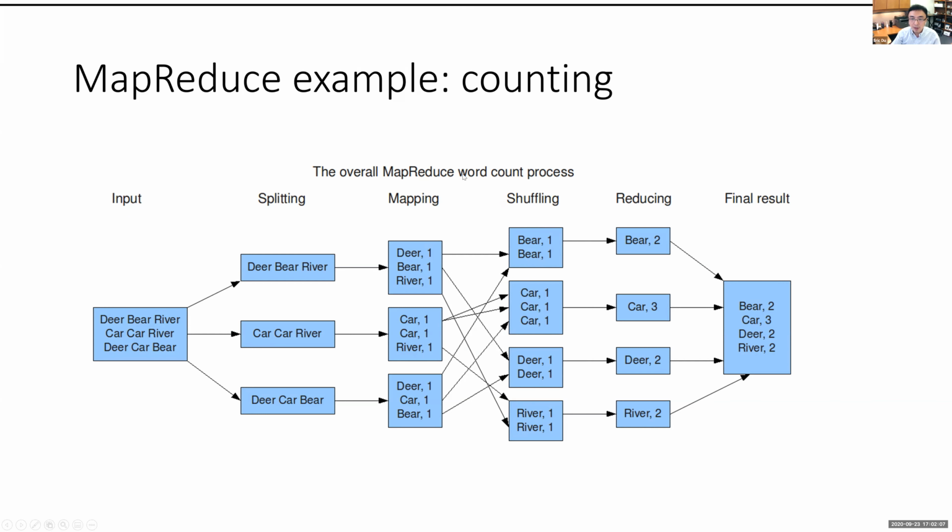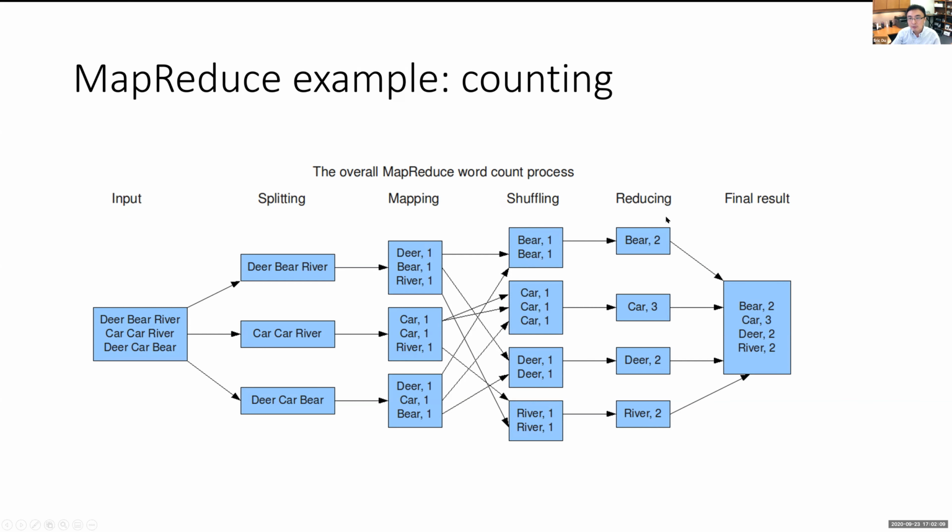After that, it's easier for the reducing process to calculate the frequency for each of the keys. So beer, car, deer, river are actually the keys, followed by their values. I calculate the frequency for each of the shuffled data tuples. And finally, the reduced result is that I combine them together as a single output. So this is the MapReduce process.